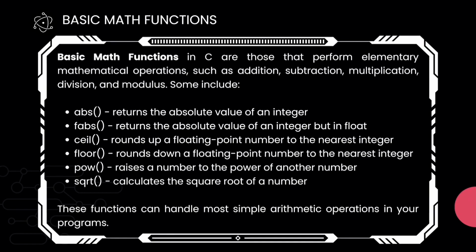Then the floor rounds down a floating point number to the nearest integer, where if the decimal point is 0.4 or below, then we'll round it down to just 2. Then the power raises a number to the power of another number, and the square root calculates the square root of a number. These functions can handle most simpler arithmetic operations in your program.